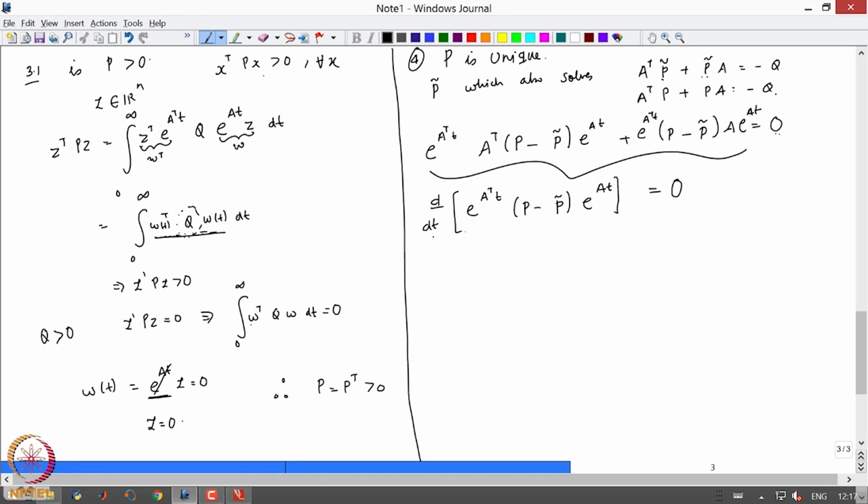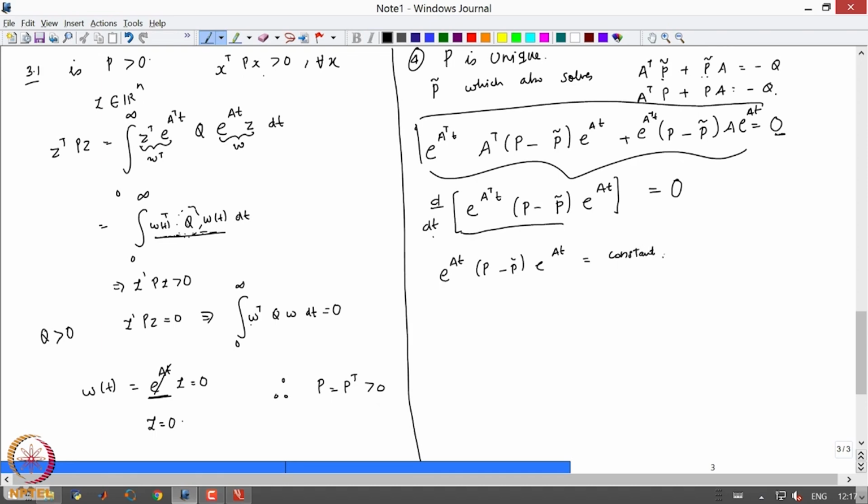D by dt of this entire quantity expands to this big expression here. And what do I know of this expression? That it is 0. When d by dt of something is 0, I know that e power A transpose t (P minus P tilde) e power A t is some constant.